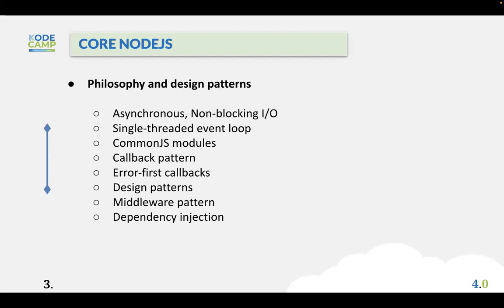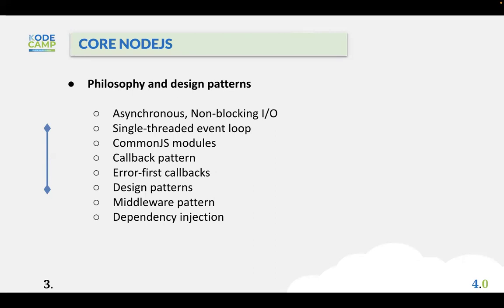So in Node.js, we have some common design patterns used in development. These patterns are categorized. We have the creational patterns, the structural patterns, and the behavioral patterns, and these are the three basic categories of patterns in Node.js.